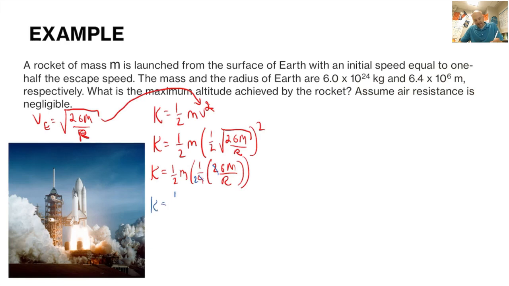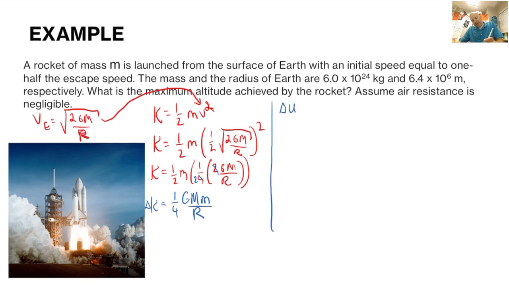So K is going to be 1/4 G big M little m over big R. Okay, so that is going to be essentially our change in kinetic energy, because we're going from this to 0, right? Because we're asking what is the maximum altitude, so that at the maximum altitude the velocity is 0.